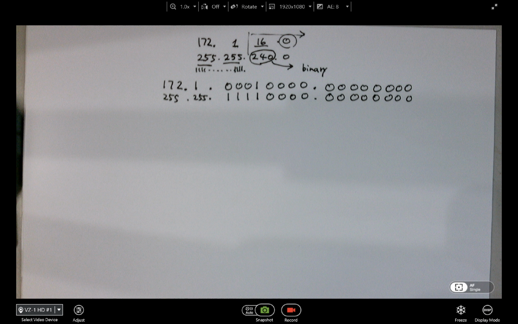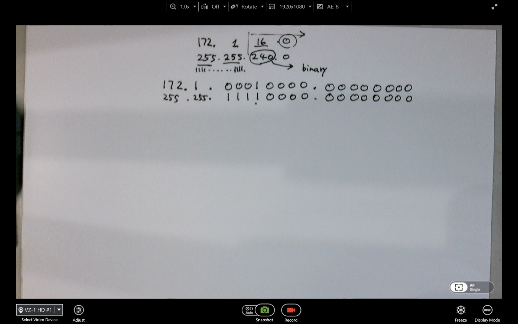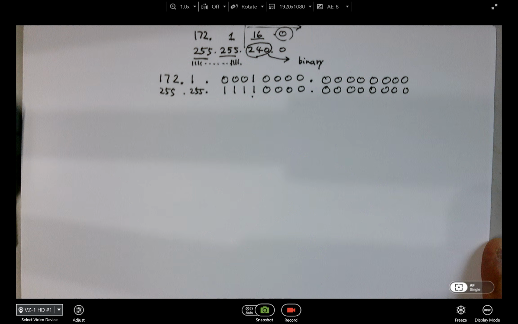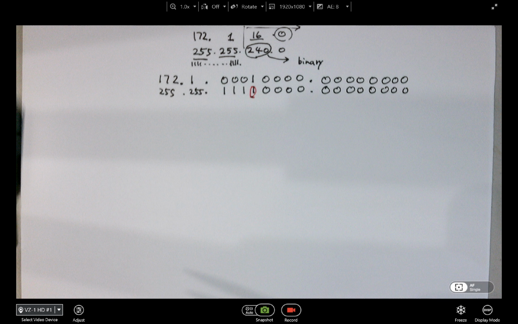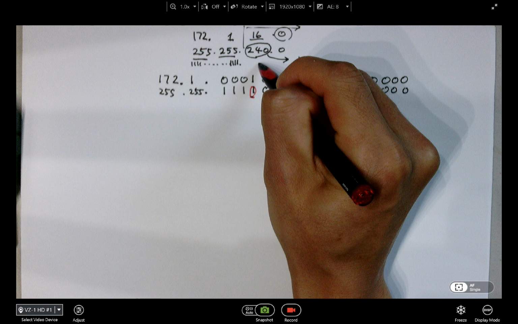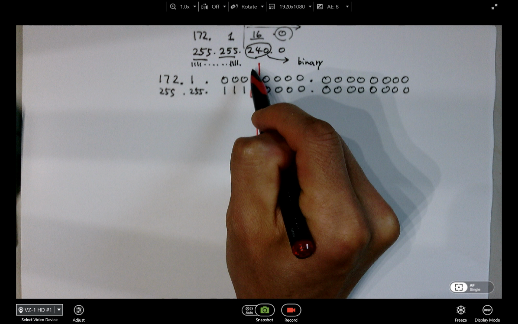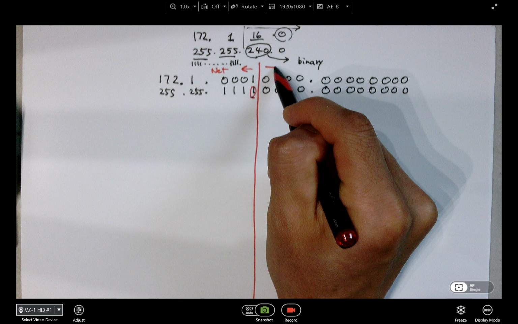The same idea is that where the 1s end, right? So this is where the 1s end. Right there you need to draw this boundary line. So you know that the left side is the network portion, and the right side is the host portion.